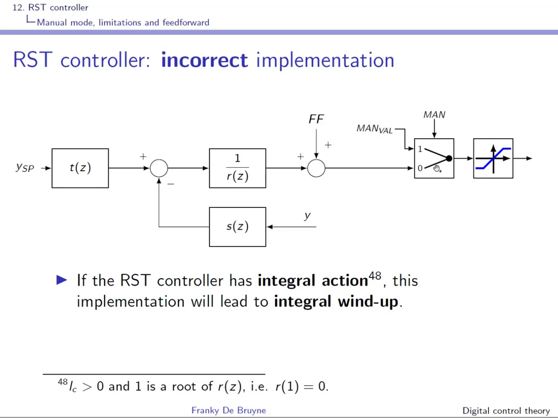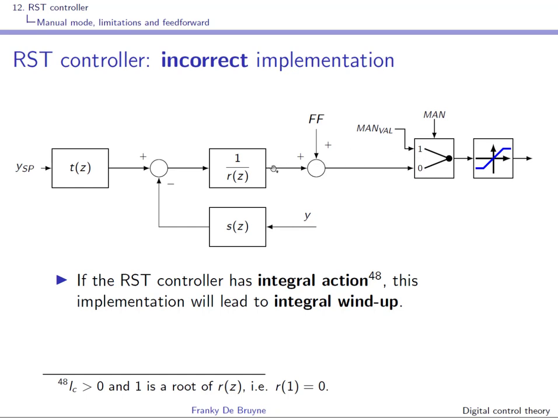This is because the output that is generated by the control law is no longer applied in the case of a manual mode or in the case of output saturation. For instance, in the control lab, the output can be saturated because the heating power is limited between 0 and 100%.